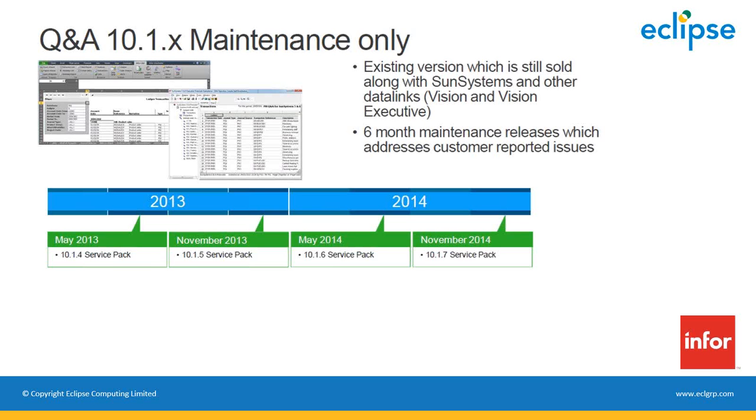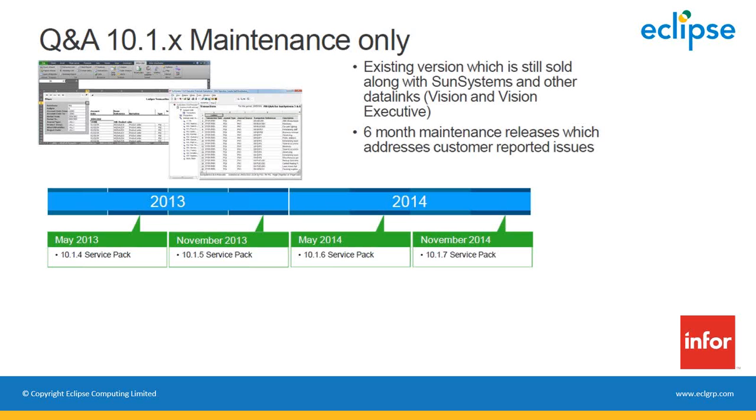There'll be additional bug fixes built into that product, but that product will become effectively maintenance only. What that means is it's not that the product is no longer supported. As you can see there, the product will continue to be supported, not just through to the end of this year, but beyond. But effectively, any new functionality will be added into Q&A Evolve and not into the traditional version of Q&A.